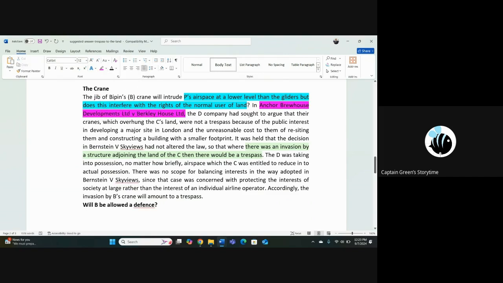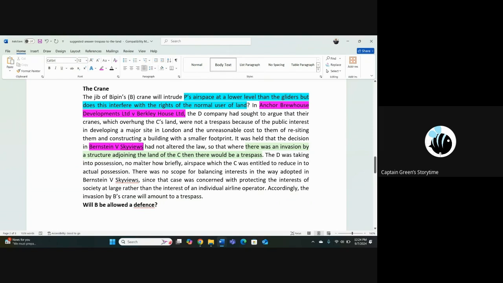The D company had sought to argue that their cranes, which overhung the C's land, were not a trespass just because of the public interest in developing a major site in London and the unreasonable cost to them of erecting a building with a smaller footprint. It was held that the decision in Bernstein v Skyviews had not altered the law, so that where there was an invasion by a structure adjoining the land, there would be a trespass.